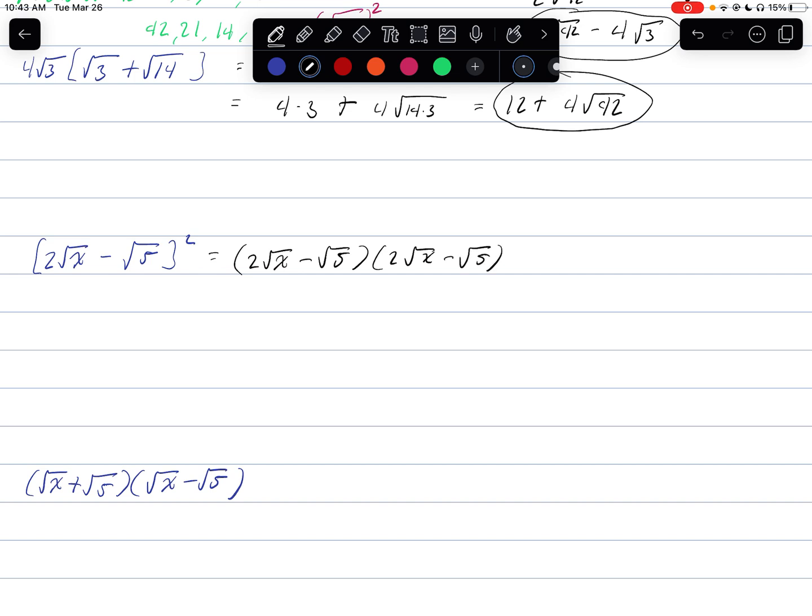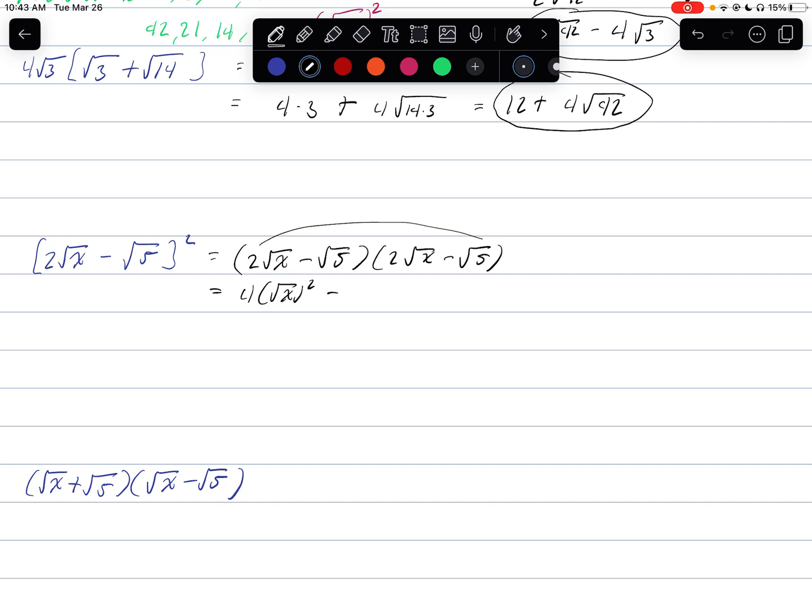And now what we have to do is the FOIL technique for this. So we do our firsts, so 2 times the square root of x times 2 times the square root of x. Okay, so if we do that, we'll have 4 times the square root of x squared. That's nice. And then we have our firsts, and we have our outers.